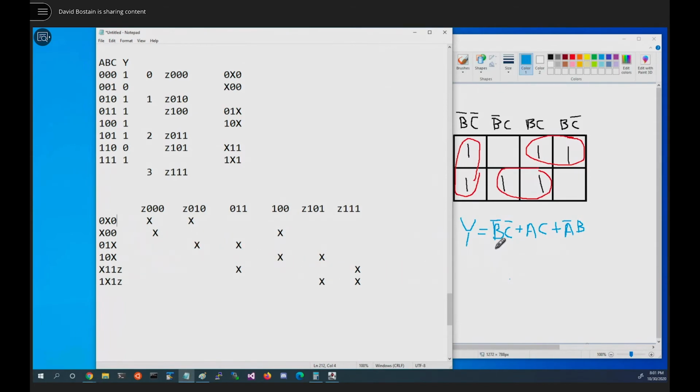So not BC is the second row. AC is the bottom row. And I'm going to undo this for a second. Not AB is this guy. Now, does that cover everything?